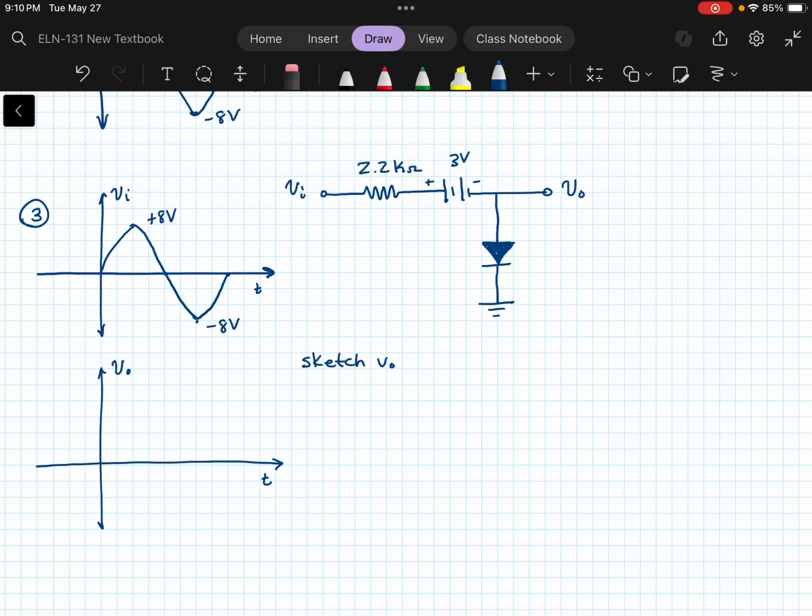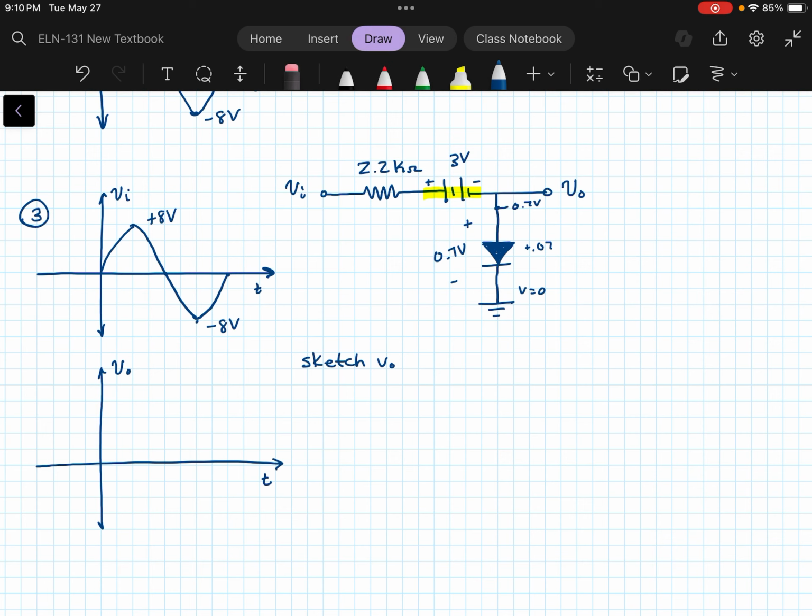So the diode would be on, again, when we have this 0.7 volt drop here, but we also have this 3 volt drop across the voltage source. So if we start at V equals 0 here and we add our 0.7, then we have 0.7 volts at this point.